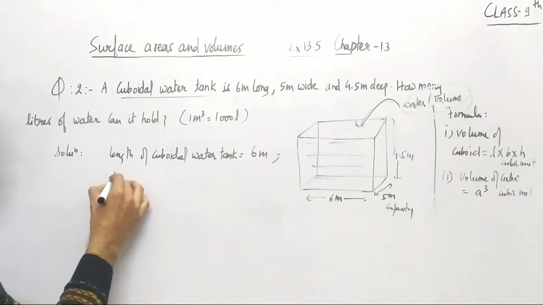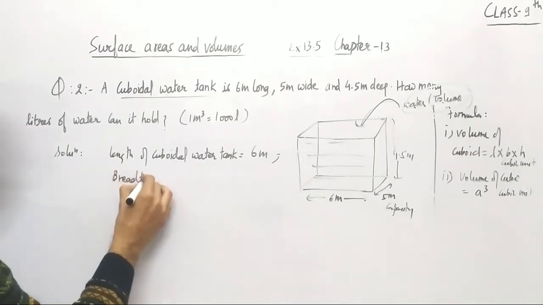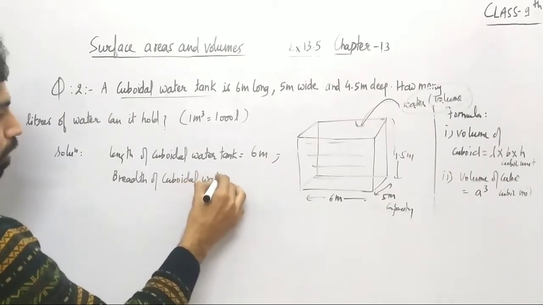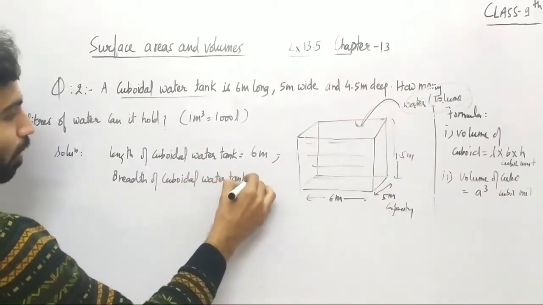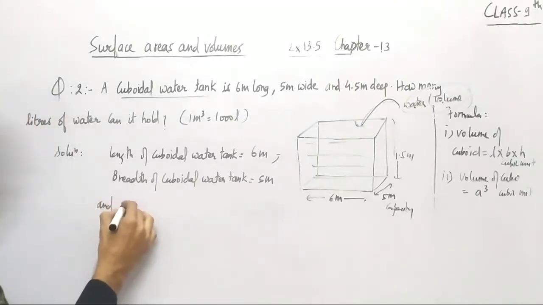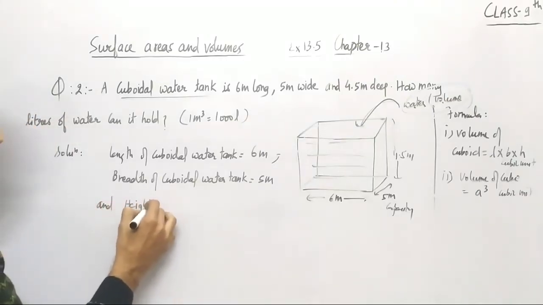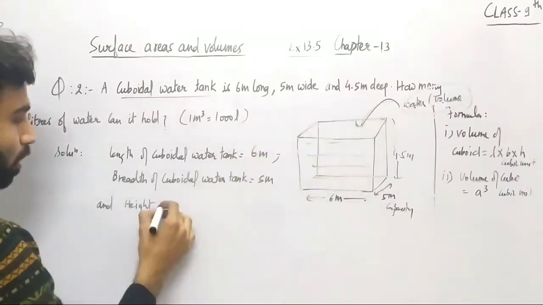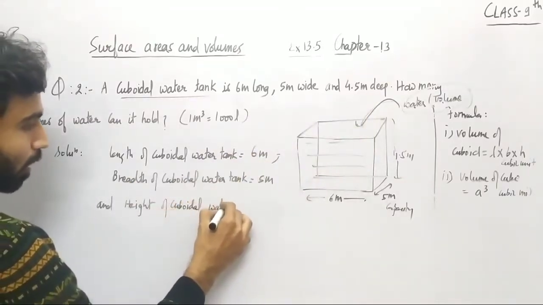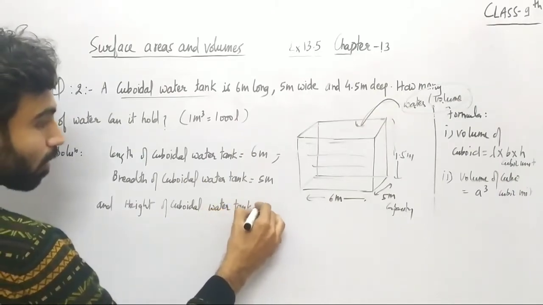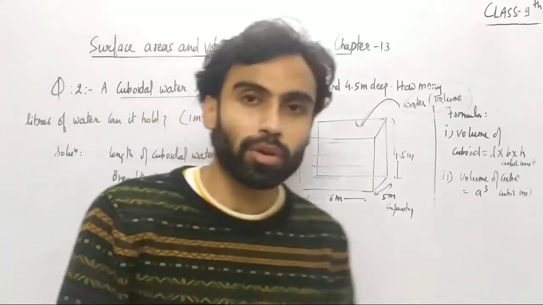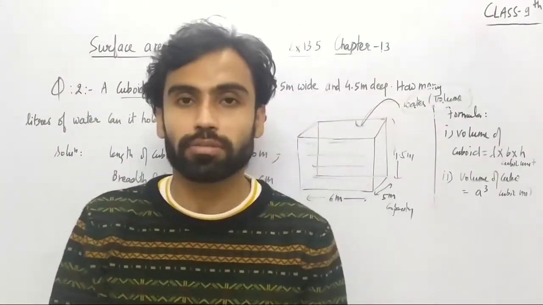Then हमारे पास breadth जो है of cuboidal water tank, so that is 5 meters, and you can see the height, the depth here you can see given to us. So the height of cuboidal water tank is 4.5 meters, right? So यहाँ पे हमें लेंथ, ब्रेड्थ और हाइट यानी तीनों डायमेंशंस गिवन है इस फिगर की.